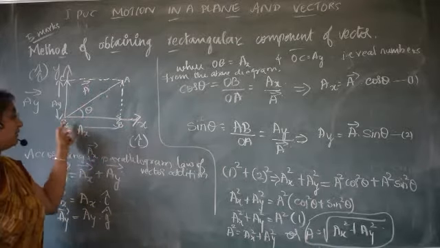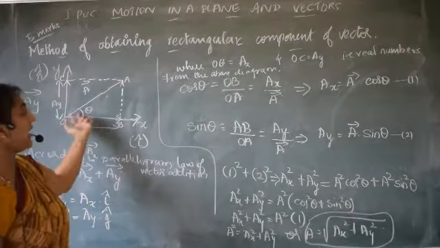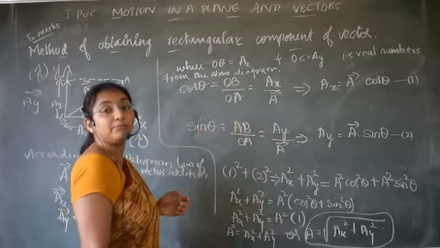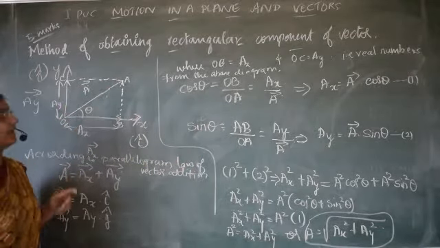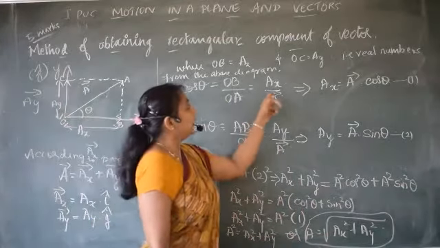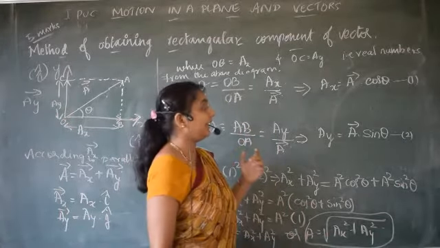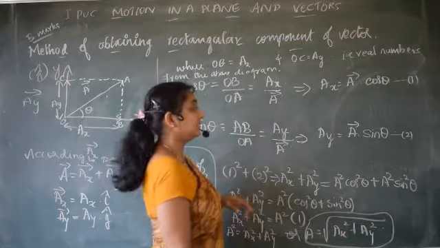From this diagram, we can write cos theta for this right angle triangle, correct? Cos theta is equal to adjacent by hypotenuse. Adjacent is OB, hypotenuse is OA. Therefore, OB by OA. What is the length of OB? AX, and OA is A vector. AX by A vector. Take this to the other side. We get AX is equal to A vector into cos theta.